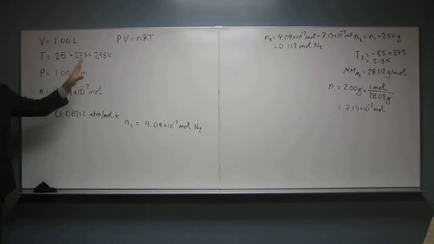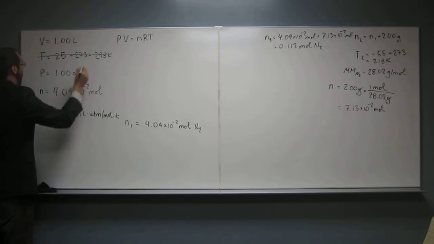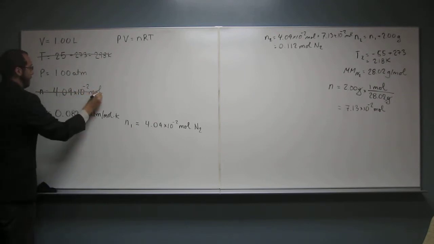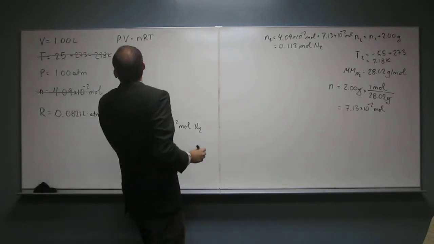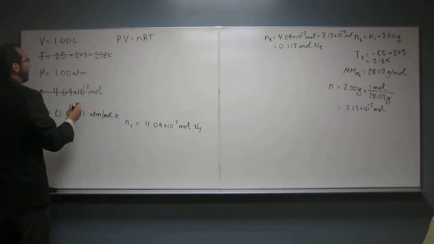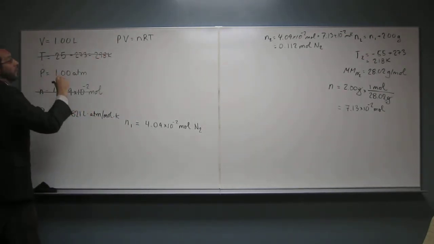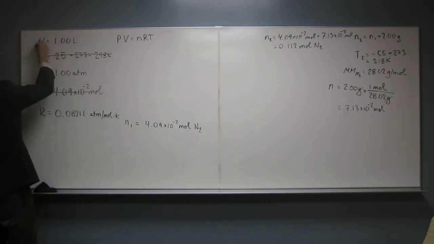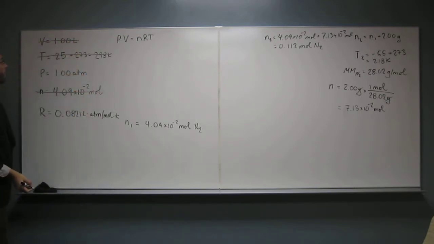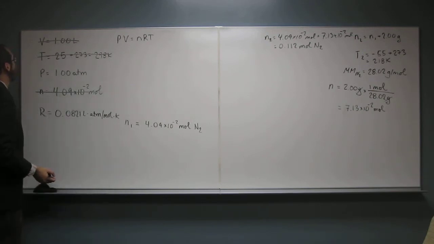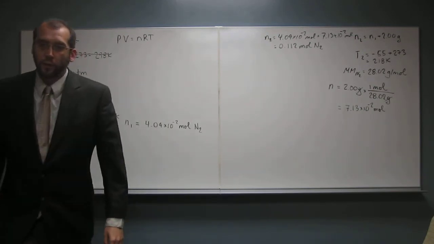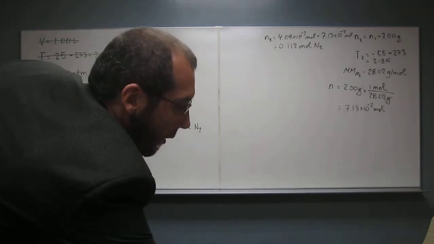So we're going to do PV equals nRT again, except now we're not going to use those earlier values. We're going to use the new ones. So what are we looking for? I can't even remember anymore.